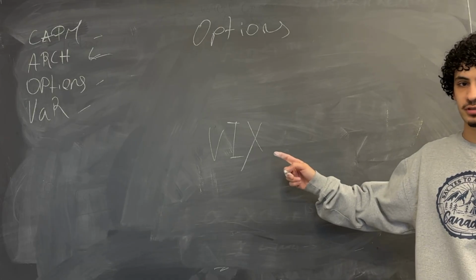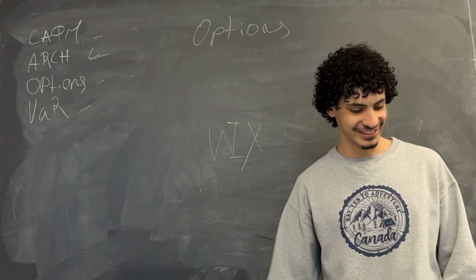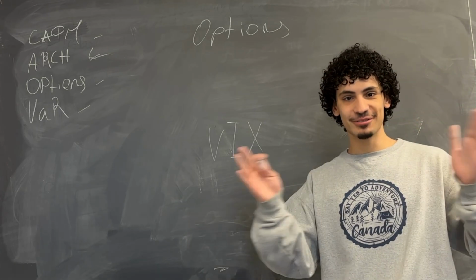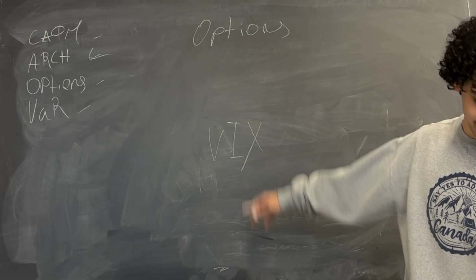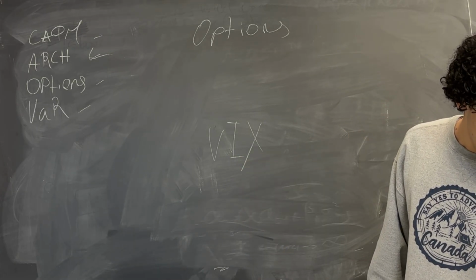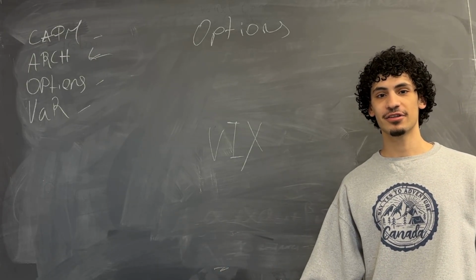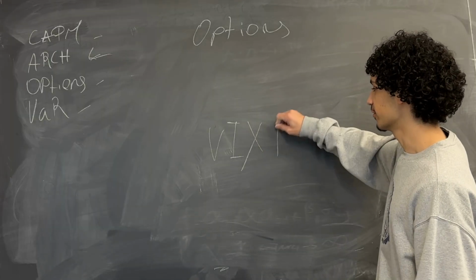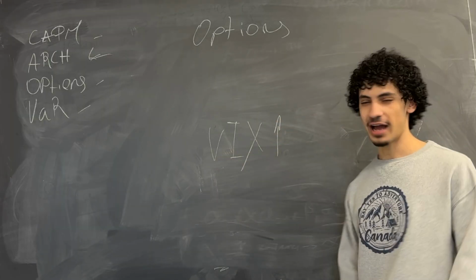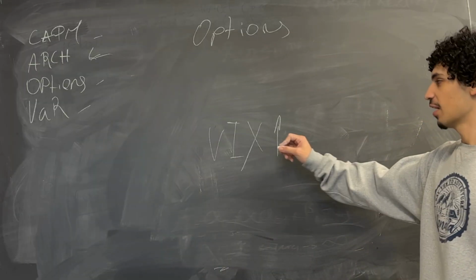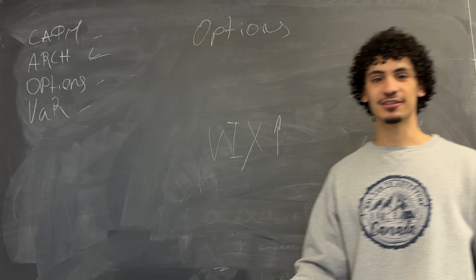It's like the index, the fear gauge. I don't remember what the full abbreviation stands for, but yeah, the VIX. And we can say that if option prices are high, the implied volatility is high. The VIX is high. And this being high just means that the market is nervous.